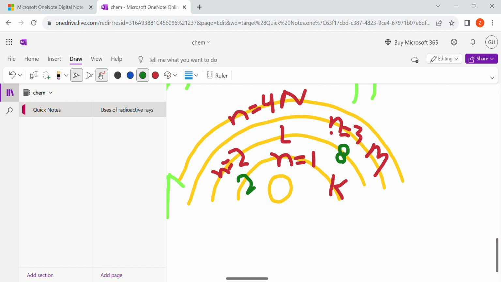In M we have 18. We're gonna prove that as well in upcoming videos. In N shell we have 32 electrons revolving. And from this formula, 2n square, that is the formula for the orbits.